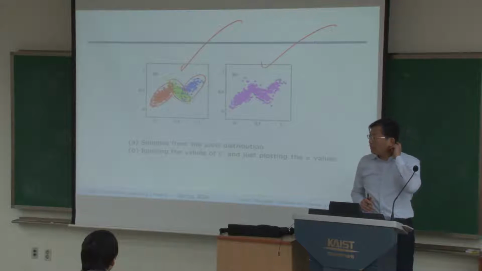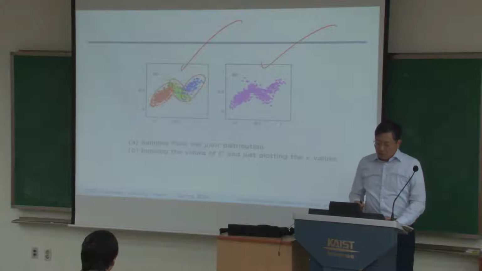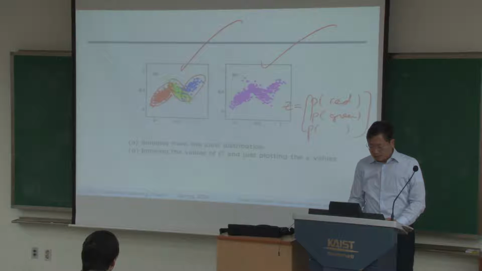So the principle behind EM is to define a random variable, probabilistically, that will tell me the probability of it being red, probability of being green, and probability of being blue.